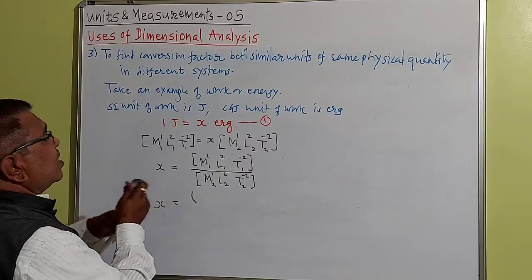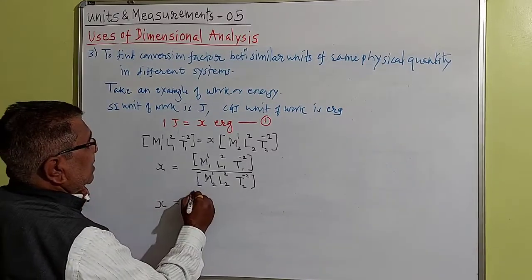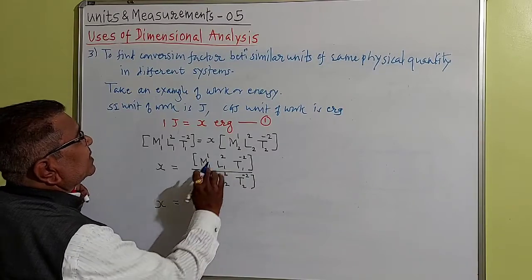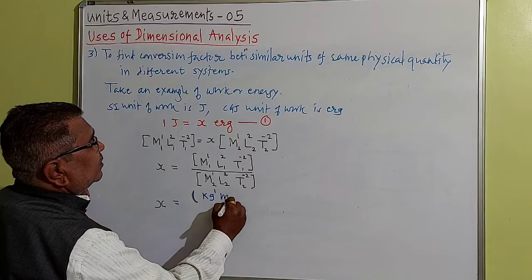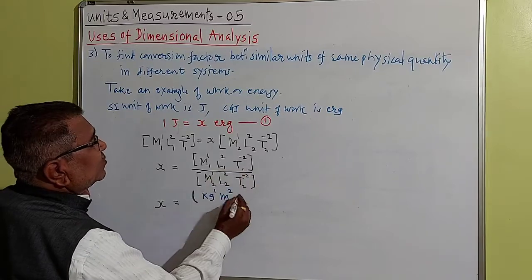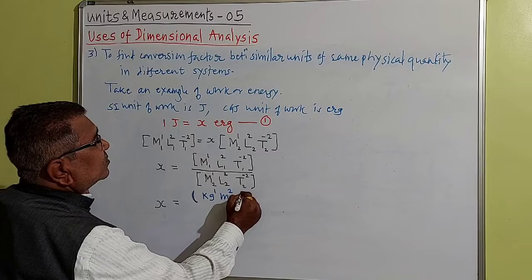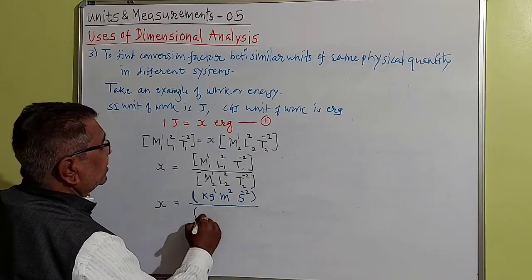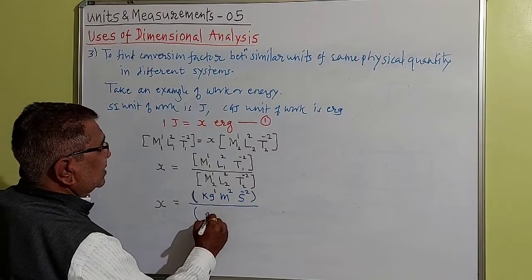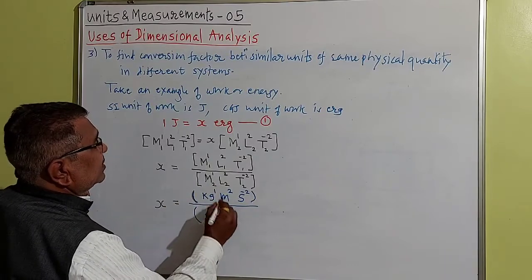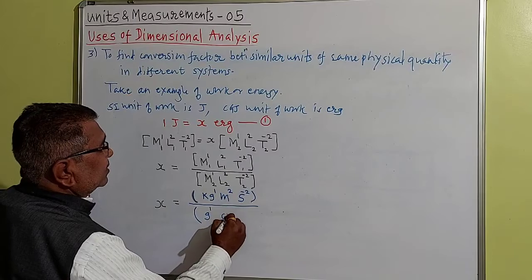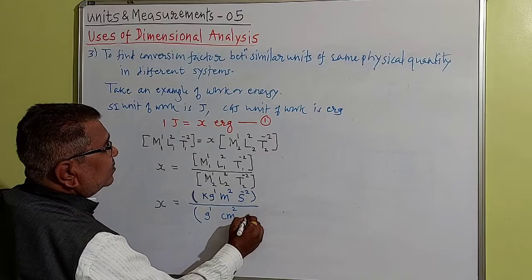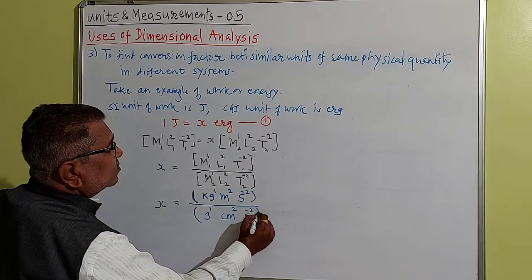SI unit of mass, kilogram to the power 1; SI unit of length, meter to the power 2; SI unit of time, second to the power minus 2, upon CGS unit of mass, gram to the power 1; CGS unit of length, centimeter to the power 2; CGS unit of time, second to the power minus 2.